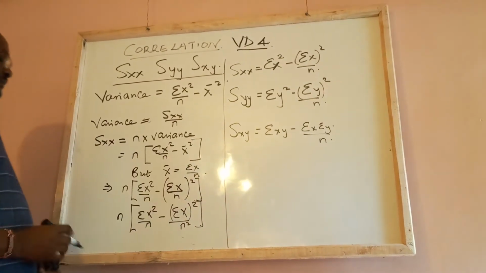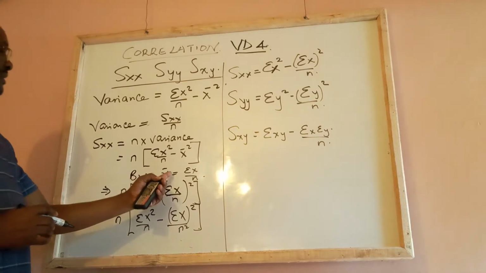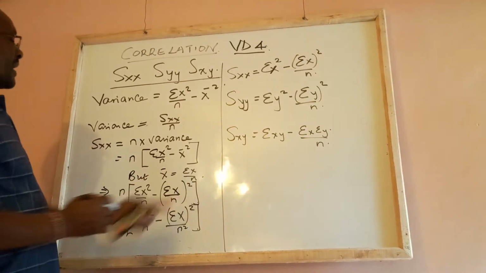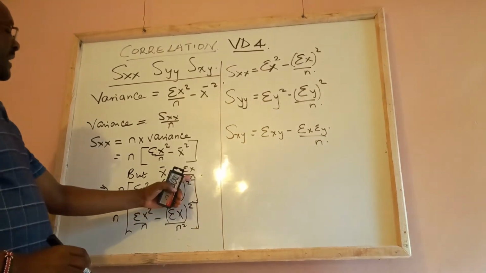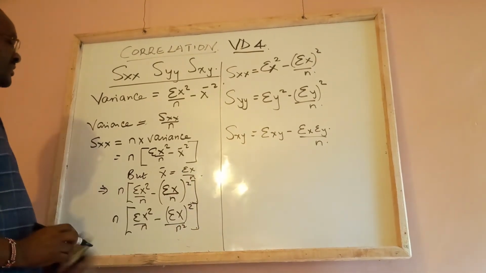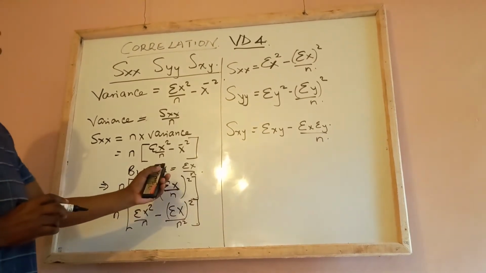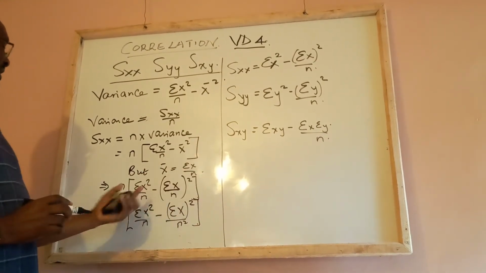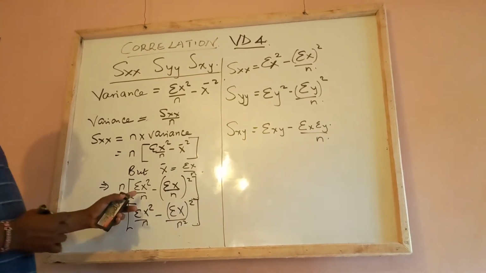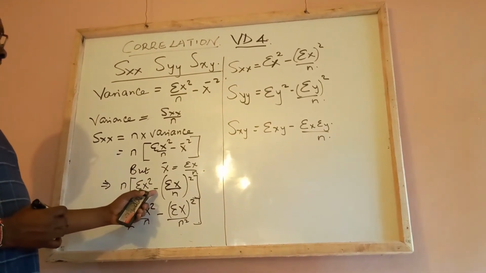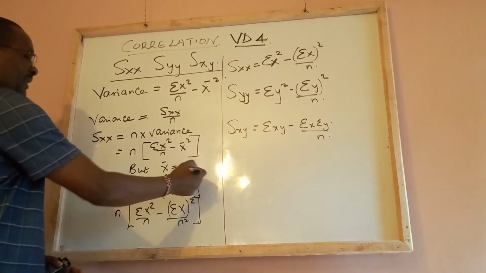But we know x bar, the mean, is given by sigma x divided by the number of terms, which is sigma x over n. If we substitute x bar with sigma x over n, then we have n multiplied by the whole bracket, sigma x squared over n minus sigma x over n, the whole of that bracket squared.